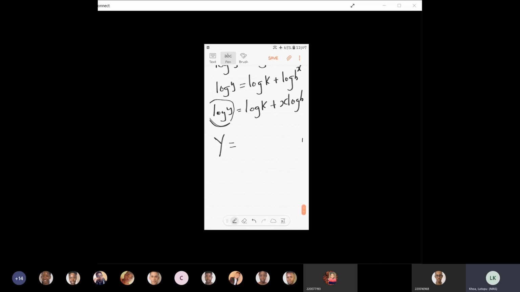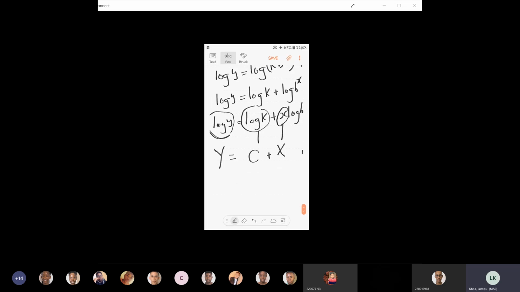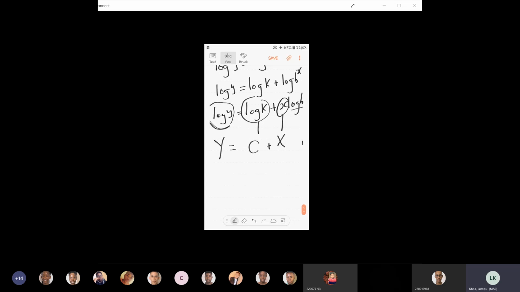The constant that doesn't have an x or a y, that is your c. So this one over here will become my c. Then the function of x is just the x by itself. So plus this one, the small x becomes big X, and then log of b. Log of b doesn't depend on x, so that is your m. So here I will have to plot log of y against x, and then I will get a straight line.